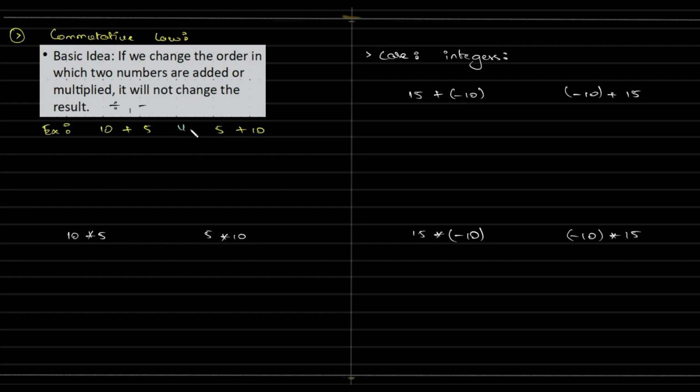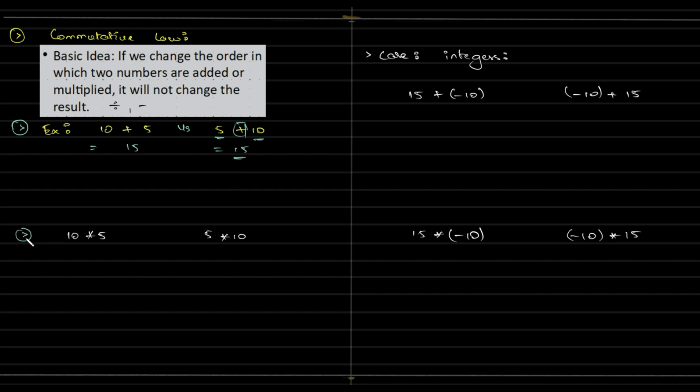So we are starting off with 10 plus 5 and 5 plus 10. So the order is obviously interchanged. So here the answer is 15 and here too the answer is 15. So we have addition operation between two numbers and the result is same.